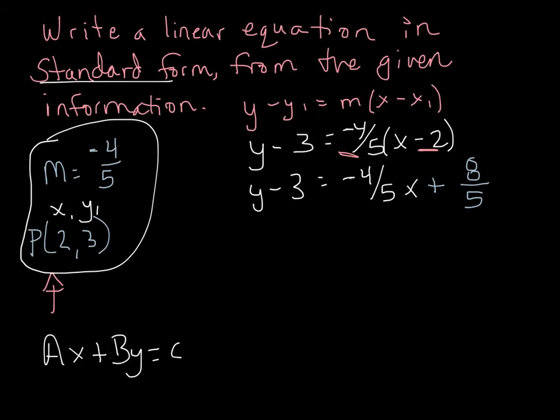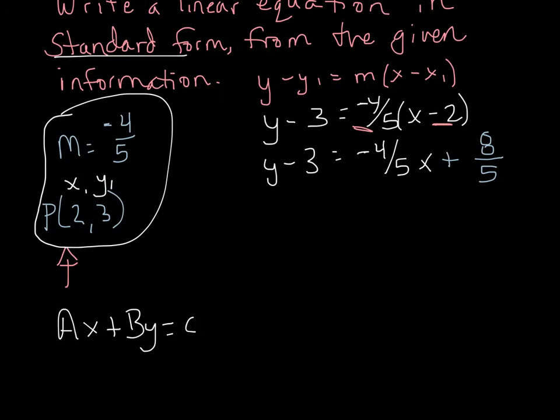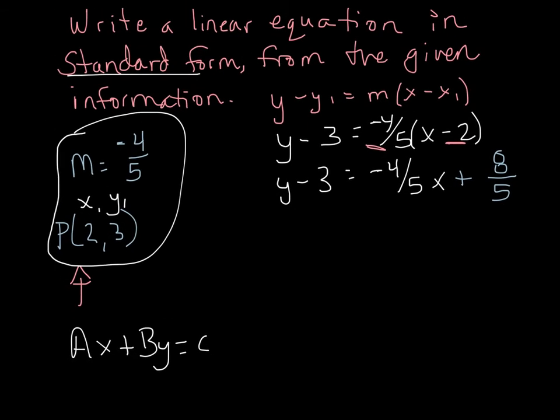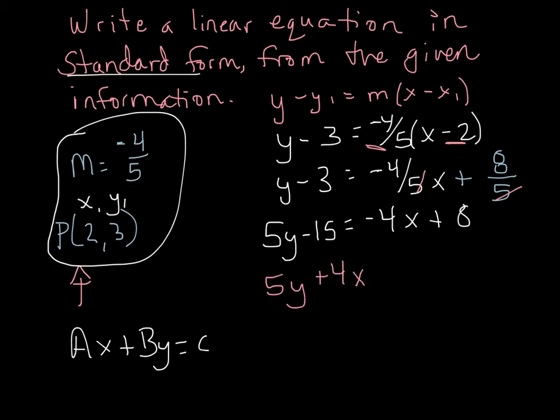I'll have 5y minus 15 equals negative 4x plus 8. Because I multiplied everything by 5, right? And it canceled out. That multiplication by 5 canceled out our denominators. And so now it's just a matter of me switching stuff around. So now I have 5y plus 4x equals 8 plus 15.